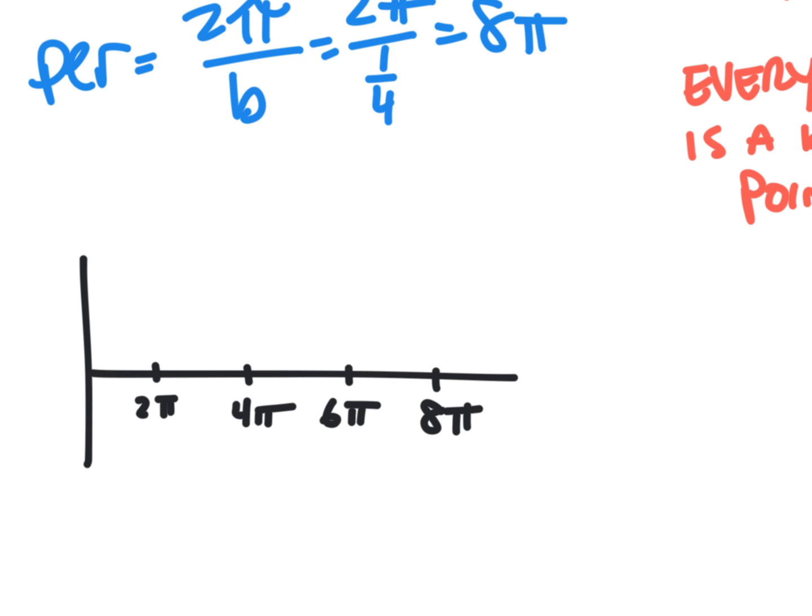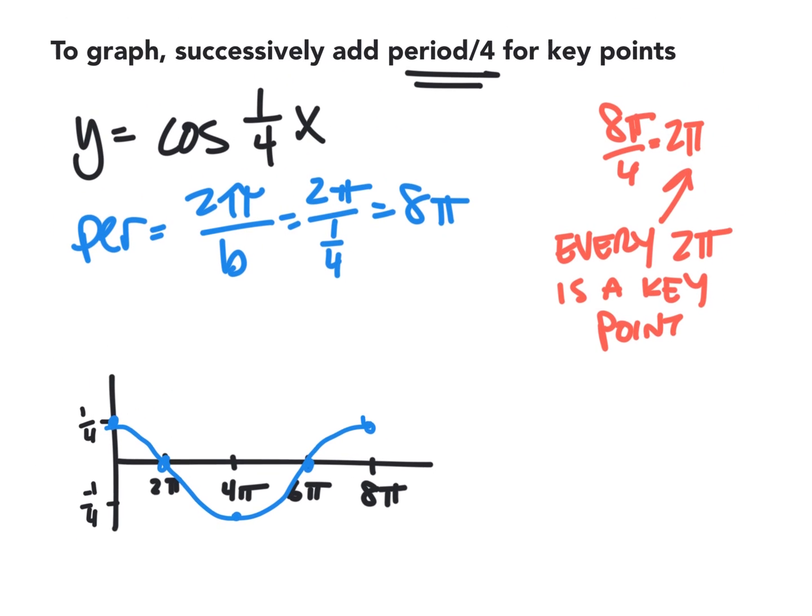The 1/4 told me that I'm only going to go up to a fourth and down to negative 1/4. It's a positive cosine, so it starts at the top. 2 pi, 4 pi is negative 1/4, 6 pi back at 0, and 8 pi we're at a fourth. And that would be one cycle of the cosine of 1/4 x.